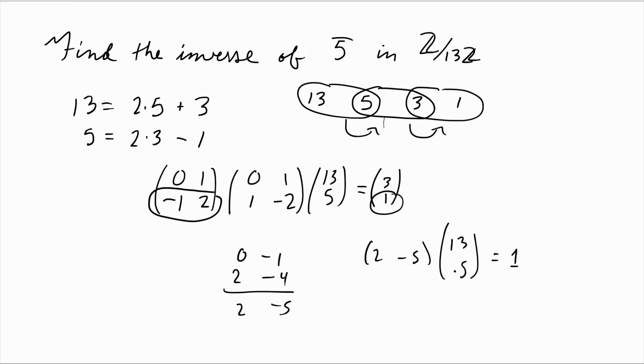So it looks like the inverse of 5 is negative 5. It should make sense because 5 times negative 5 is negative 25, which is 1 more than a multiple of 13. Negative 26 is a multiple of 13. This is 1 more. So therefore, this will be equal to 1 bar. And so we found it. So negative 5 bar is the multiplicative inverse of 5 bar.